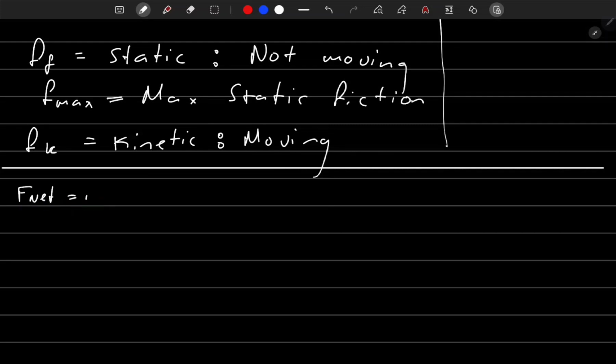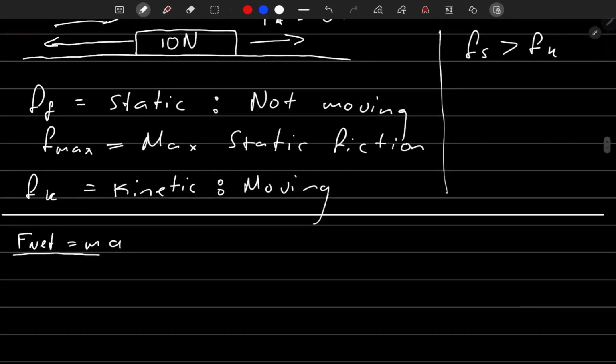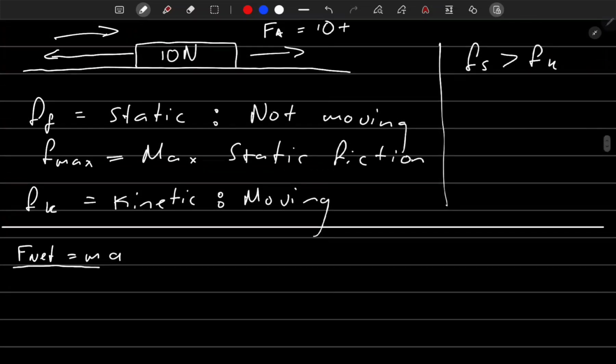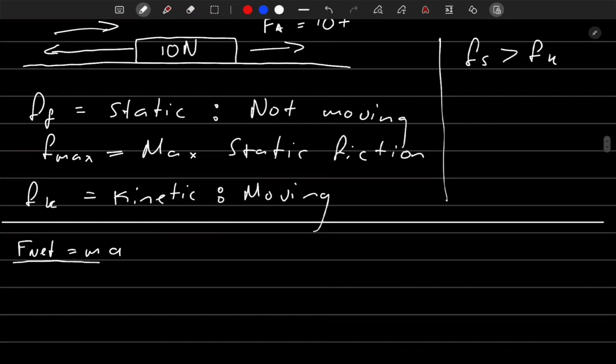So the sum of all the forces is equal to the mass times the acceleration of this object. I want you to note that in the second law of motion, objects need to be moving. If the object is not moving, then F net is equal to mass times 0, because acceleration is 0. So the sum of all the forces must equal 0.